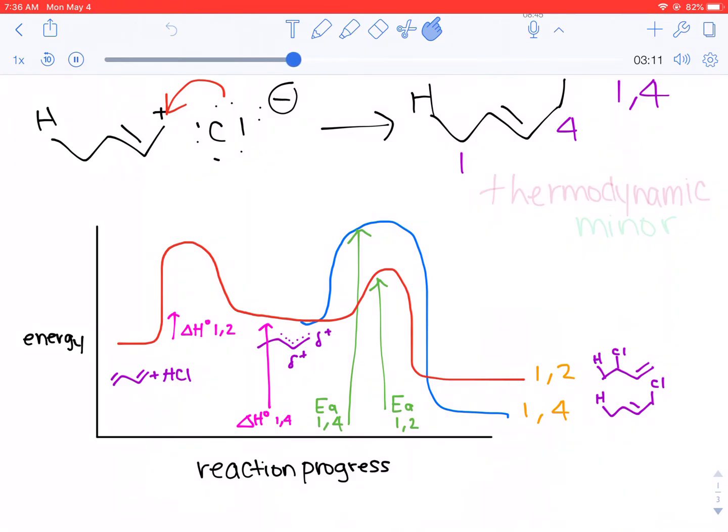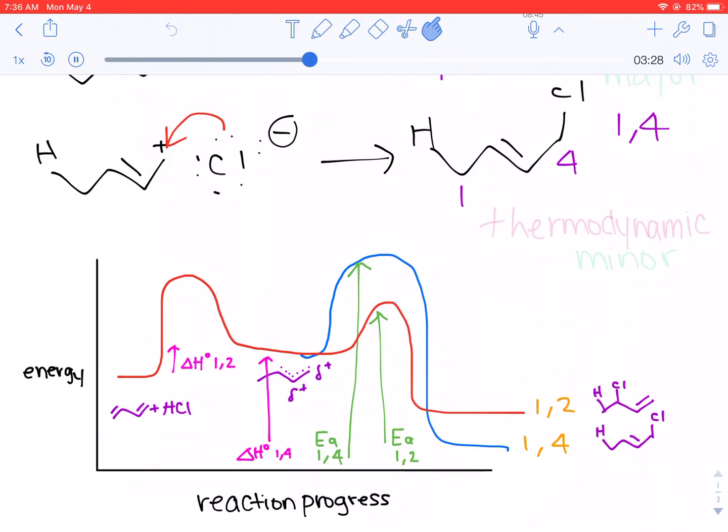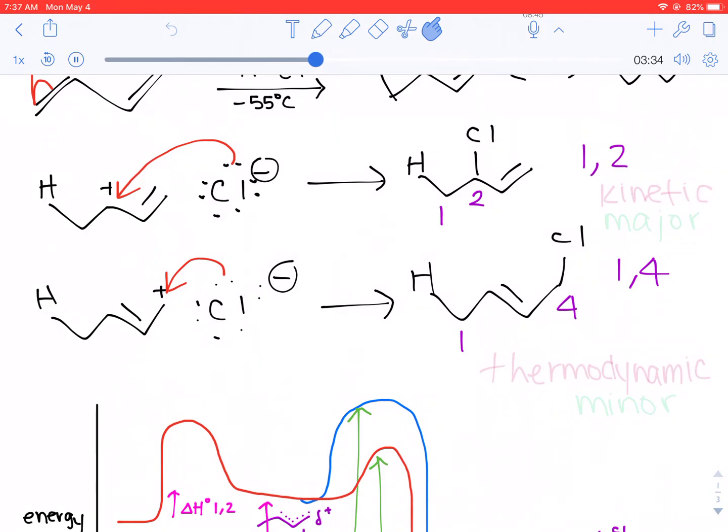After that, the 1,2 product has a smaller activation energy, and the 1,4 product has a larger activation energy. However, the 1,4 product is more stable than the 1,2 product. To determine the kinetic product, we look at the product with the lower activation energy. In this case, this would be the 1,2 product. So we can say that the 1,2 product is the kinetic product.